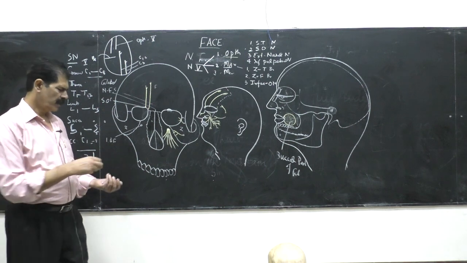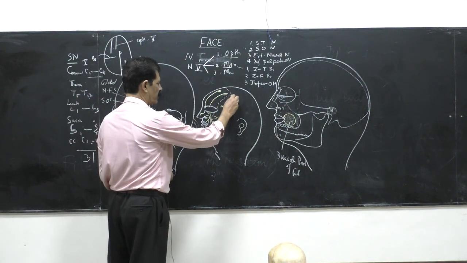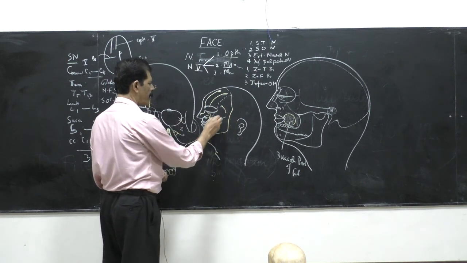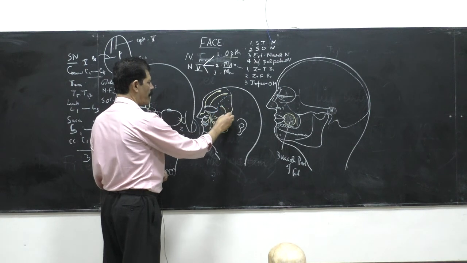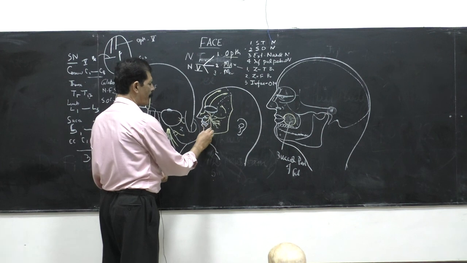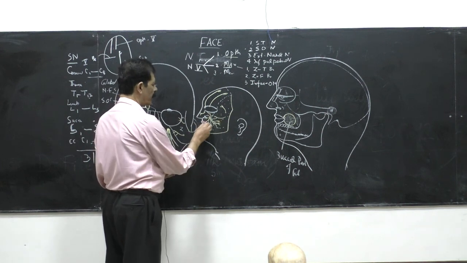This much area we can demarcate as the territory of the maxillary division. This patch of the skin is under the maxillary division. You have to remember which parts are supplied by them.